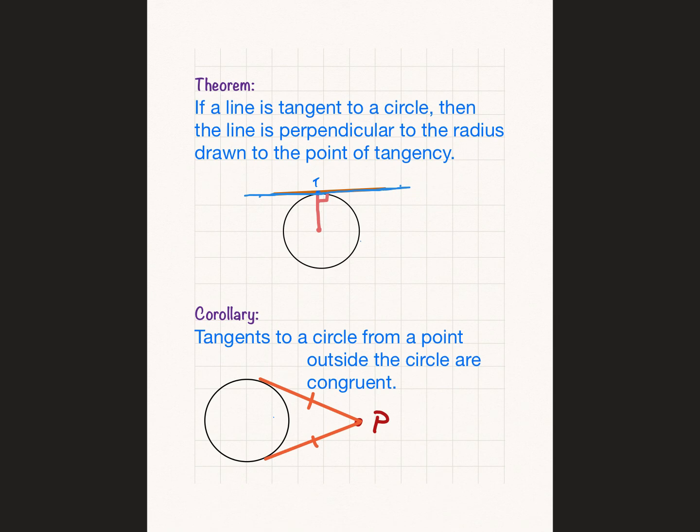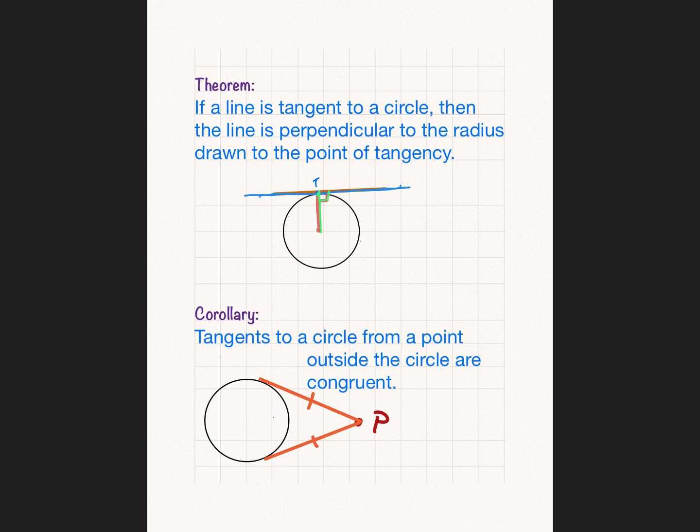The point of tangency is the same place that the radius meets the circle. If the tangent and the radius meet at that point of tangency, then we have a right angle.